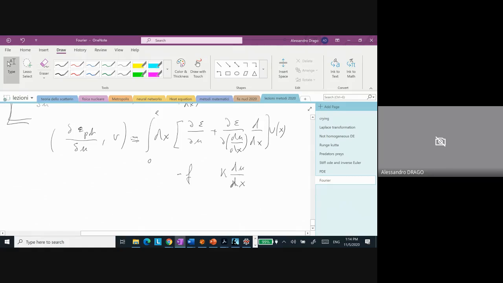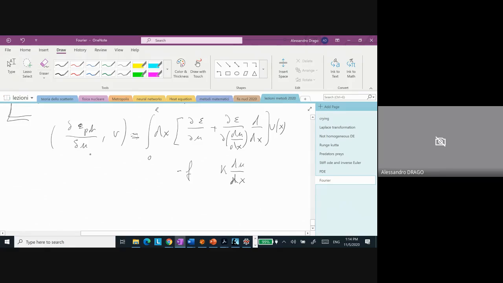So what I am writing here is that this, which is a sort of projection of the variational derivative in the direction of v, can be written as the integral between 0 and L dx of, let's write first the second term, k du over dx dv over dx minus f of x v of x.